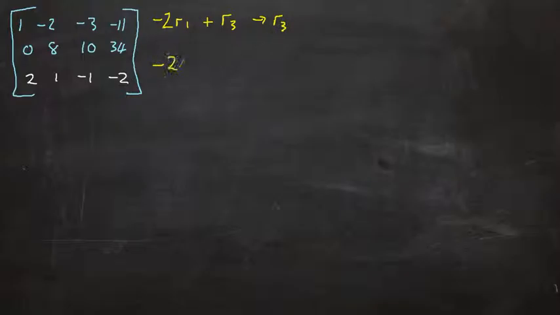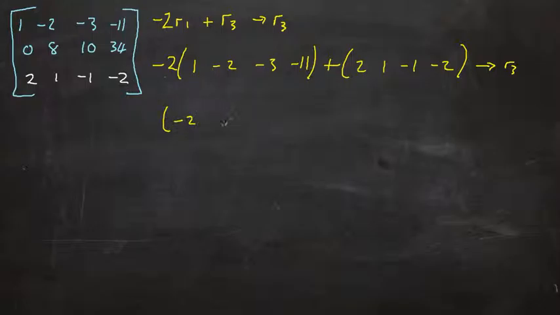So that'll give us minus 2 lots of row 1, which is 1, minus 2, minus 3, minus 11. Add it to the current row 3, 2, 1, minus 1, minus 2, and put the answer as the new row 3. So scalar multiplying here, minus 2 lots of 1 gives us minus 2, minus 2 times minus 2 is 4, minus 2 times minus 3 is 6, and minus 2 times minus 11 is plus 22.